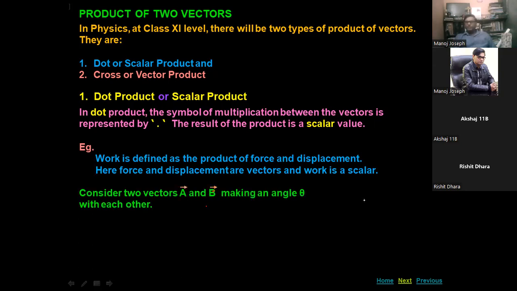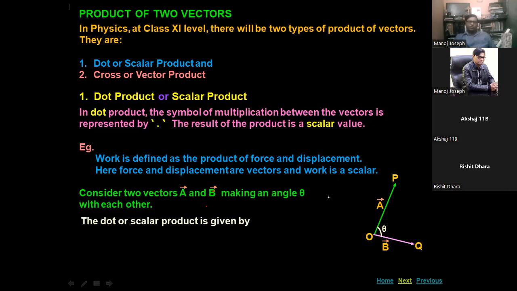Consider two vectors A and B which are inclined with angle theta between them. Vector A is moving in a certain direction and vector B is moving in a different direction, and they have angle theta between them. So the dot or scalar product is given by vector A dot vector B equals magnitude of A into magnitude of B times cosine of the angle between them.